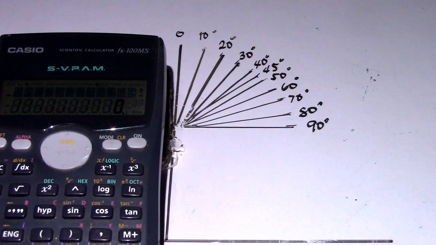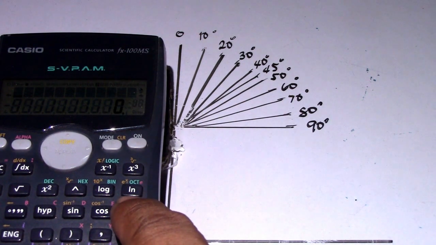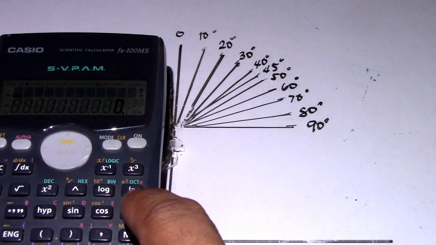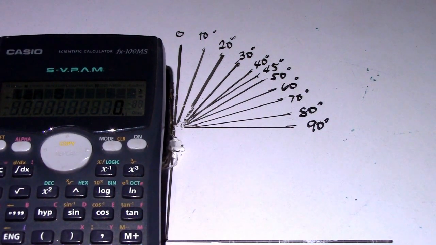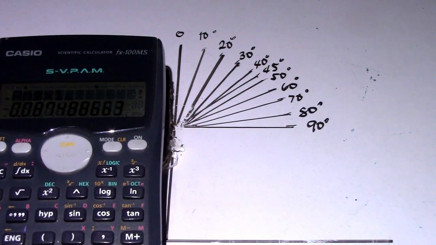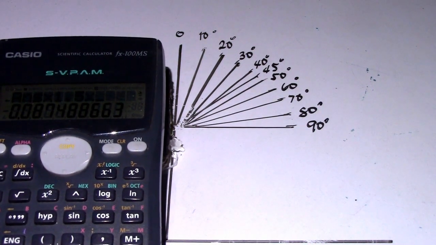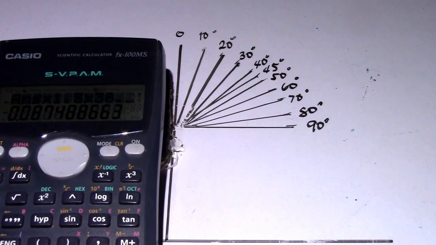So 10 degrees, half of the 10 degrees is 5. Then tangent of 5, then multiply it by 1.5, multiply it by 38.1.